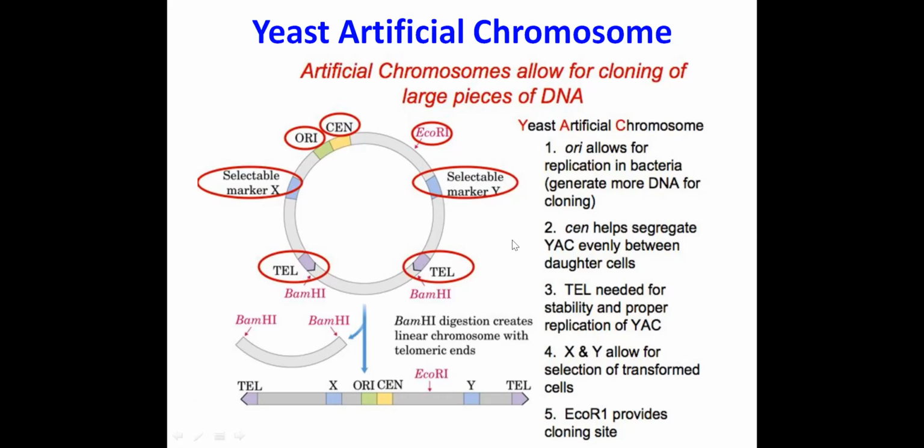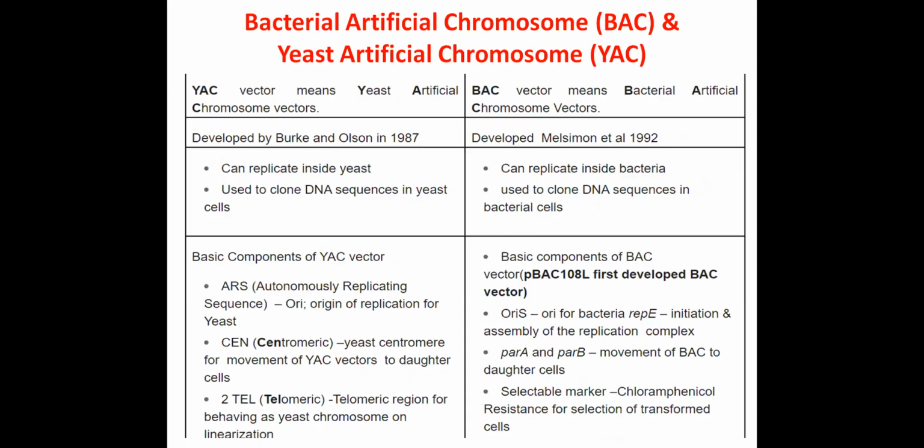So that's why it is mentioned X or Y here. So it has selectable markers for selection of the transformed cell and the cell which carries the recombinant vector. And it also has restriction sites like EcoRI and BamHI. These restriction sites are used for cloning or inserting the gene of interest.